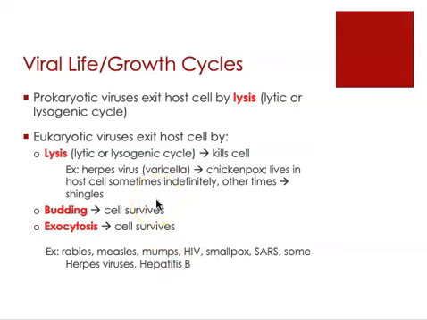And for viruses that are capable of exiting without killing the host cell, it includes a whole range of viruses such as rabies and the virus that causes measles and mumps, the human immunodeficiency virus, the smallpox virus, the SARS viruses, including SARS-CoV-2, some of the herpes viruses, and the hepatitis B virus. So when it comes to the eukaryotic viruses, there's a real diversity in how those viruses exit the host cell.